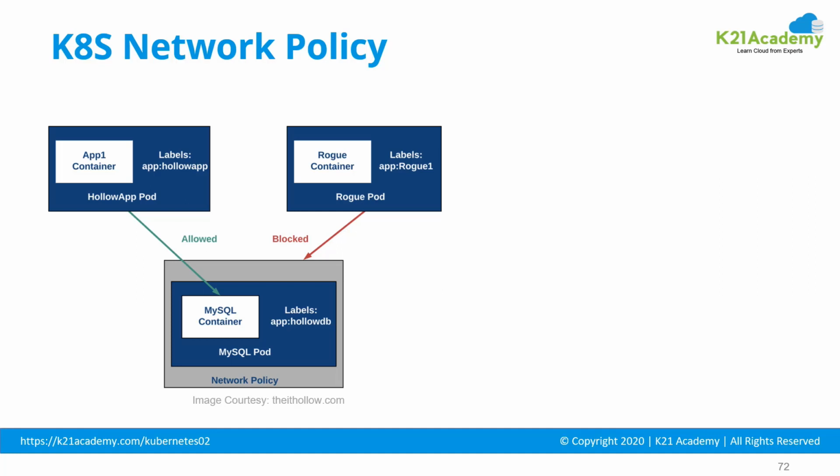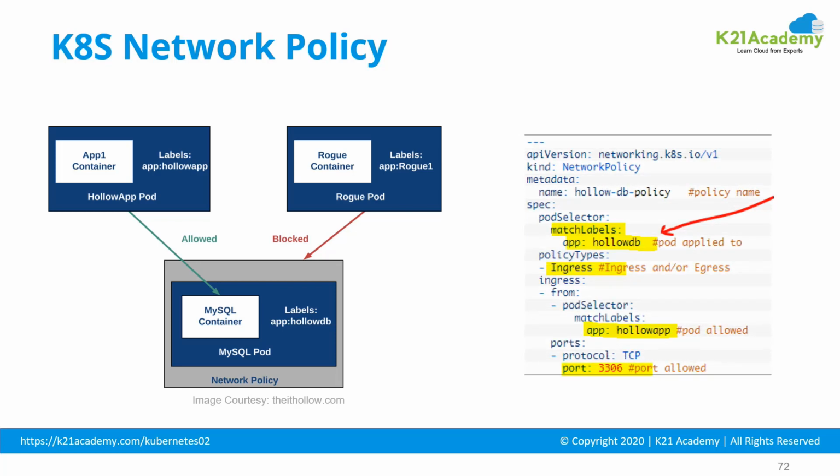And this is where you configure something called network policy, which says what application or what pod can talk to what pod. So in this example here, we are defining a network policy which says that this policy is applicable on a pod with a label called HoloDB, and the policy type is Ingress, and it's allowed only from where my pod label is Holo app.